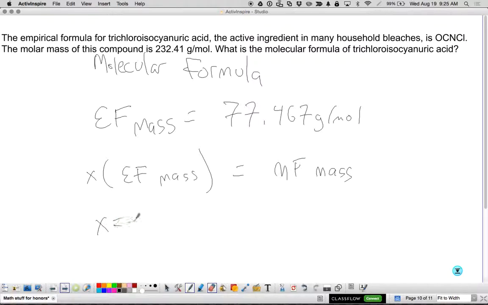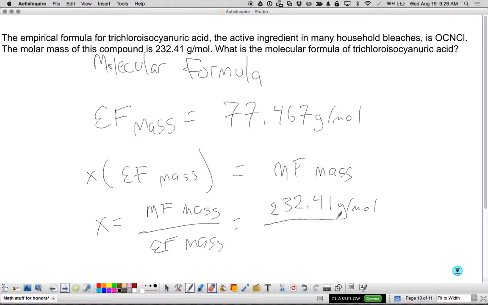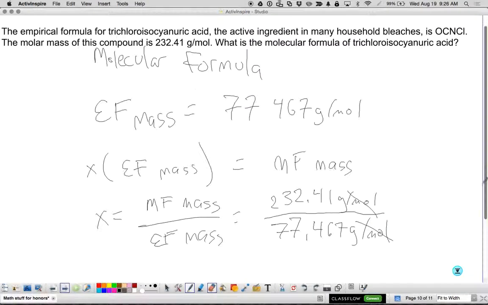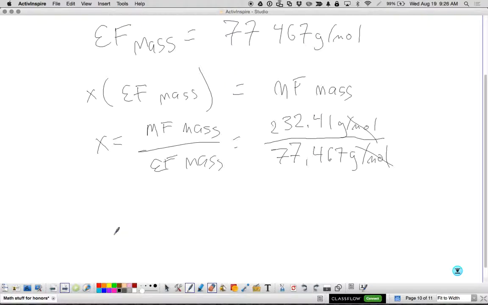So x is the molecular formula mass over the empirical formula mass, and that's 232.41 grams per mole over 77.467 grams per mole. Notice the units cancel, so this x shouldn't have a unit, which is what we get. And so x equals 3.